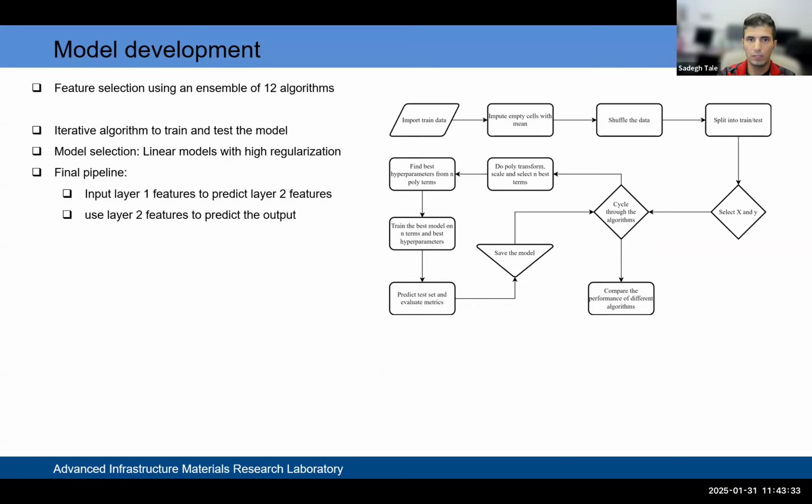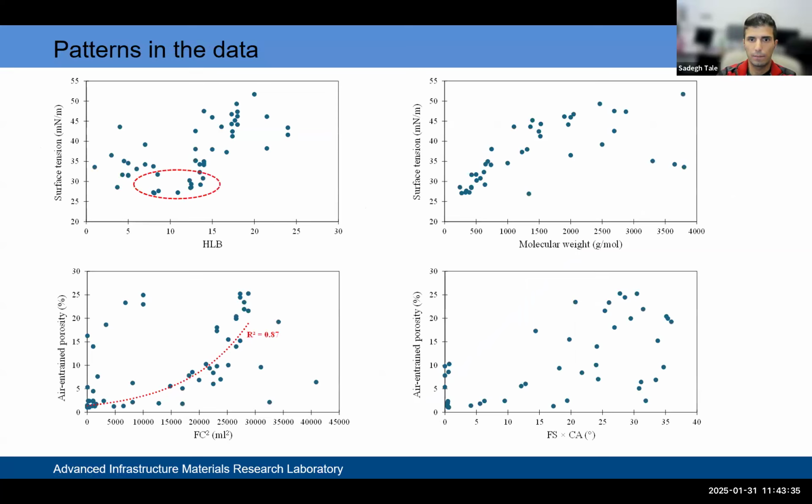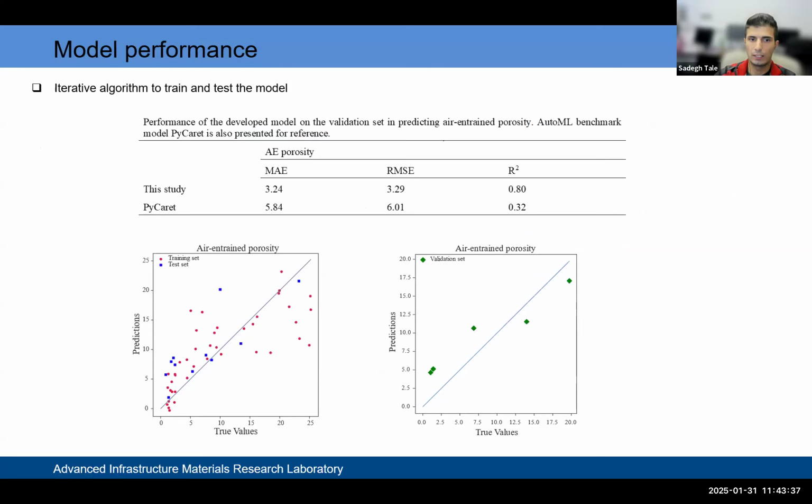So we use this algorithm, and this is the final results in terms of air entraining performance. So here you see the training and testing data set, and this is the validation data set. Here you see that, for example, in terms of air entraining performance, our RMSE is around 3%.